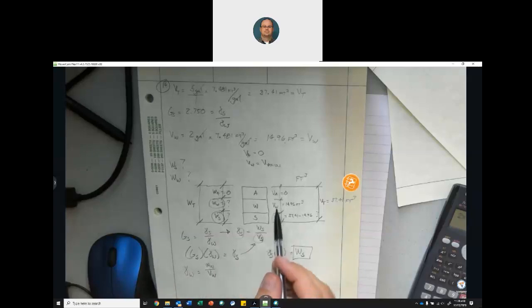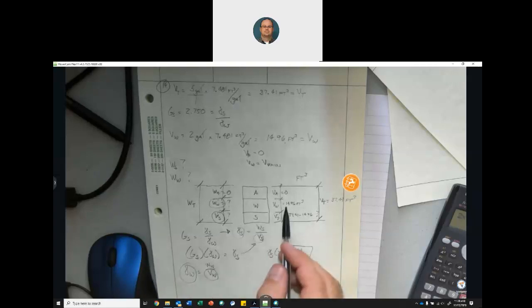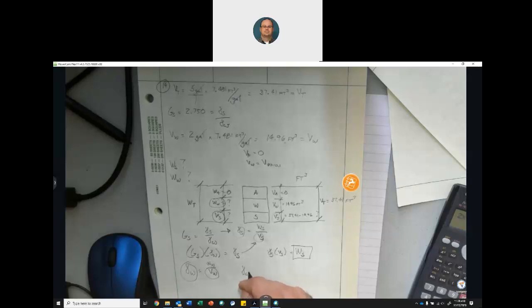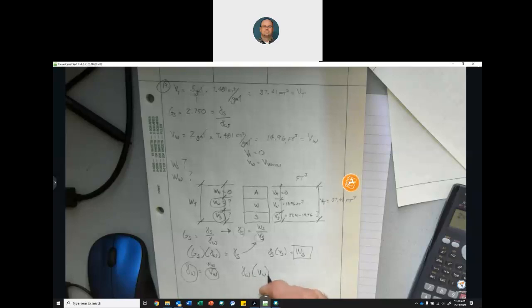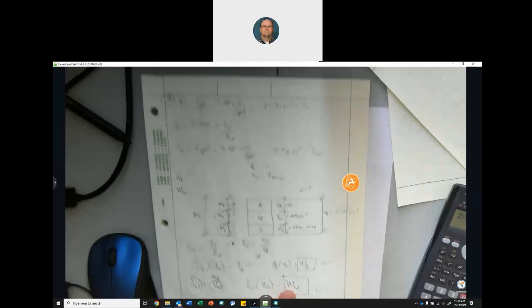Do we know the volume of water? Yes. Do we know the unit weight of water? Yes. Can I rearrange this? So unit weight of water, 62.4 pounds per cubic foot, times the volume of water will equal my weight of water. There we go. I just found my weight of solids and my weight of water.